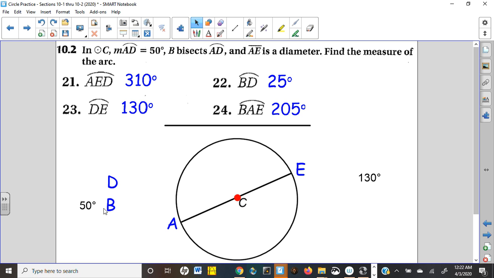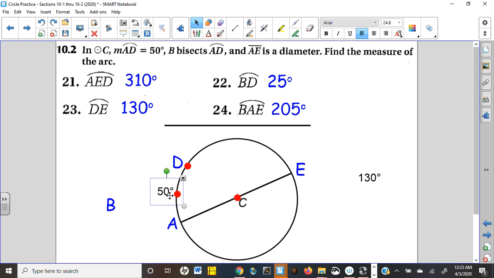Now I can go ahead and play around with the points a little bit. I got a point D, so that arc AD is 50 degrees. It tells me that point B bisects that segment. So half of 50, right, would be 25.